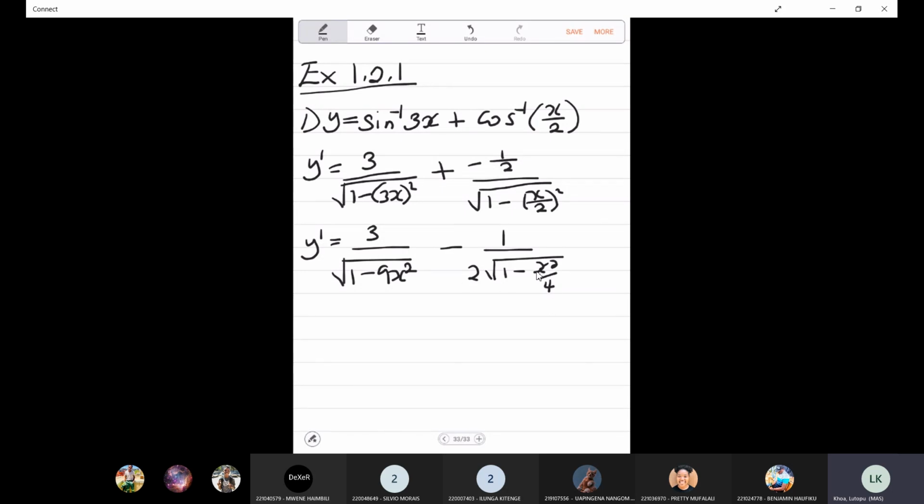Even though you can write this better so that the 4 goes out. What did I get as my final answer? This is 3 over the square root of 1 minus 9x squared minus 1 over the square root of 4 minus x squared. Why is it 1 over 4?